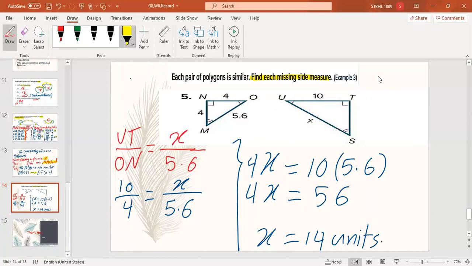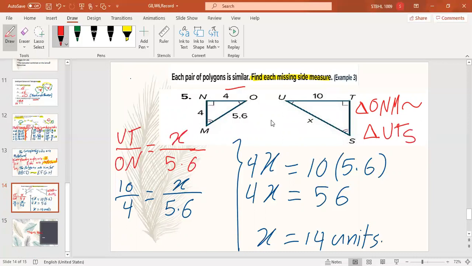Let's look at these two triangles. Let's write the name of the two triangles first. Triangle ONM is similar to triangle UTS.